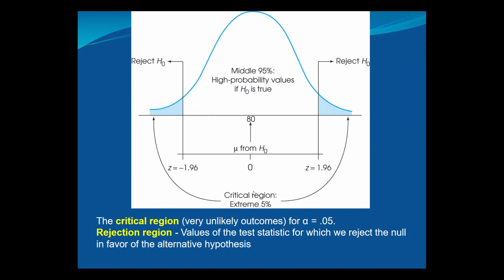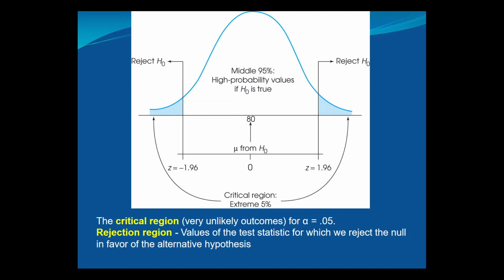If the mean or middle value is located outside this critical region, we make our conclusion that there is enough evidence to reject the null hypothesis. Values of the test statistic for which we reject the null hypothesis in favor of the alternative hypothesis are called the rejection region.